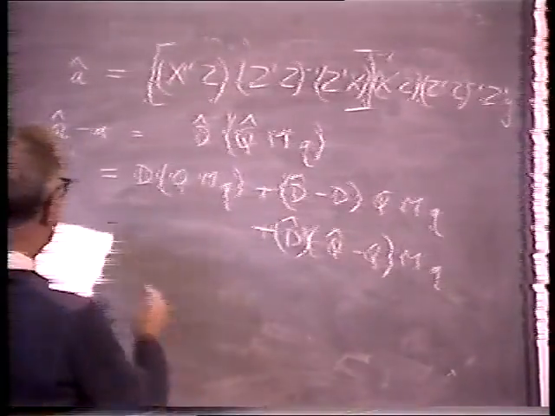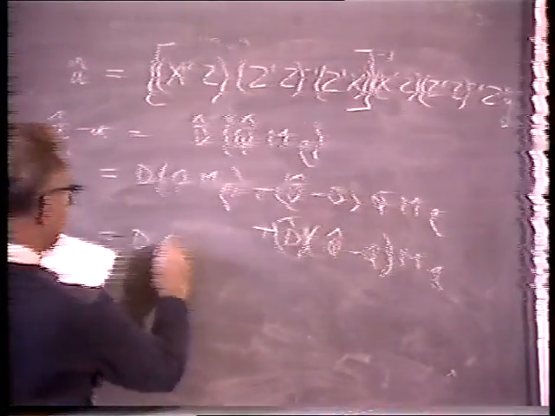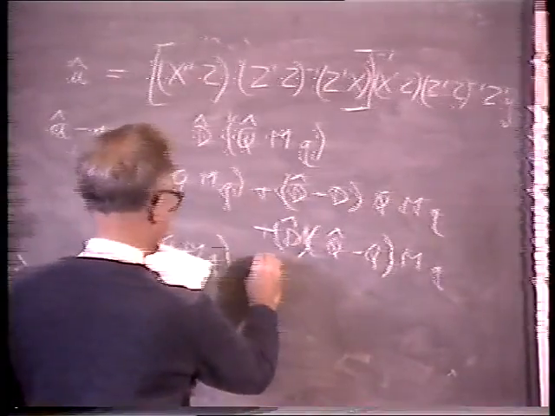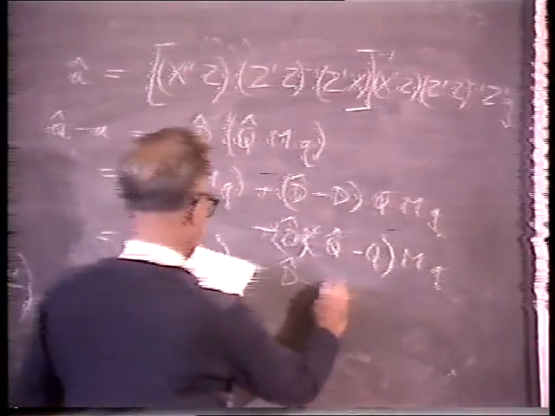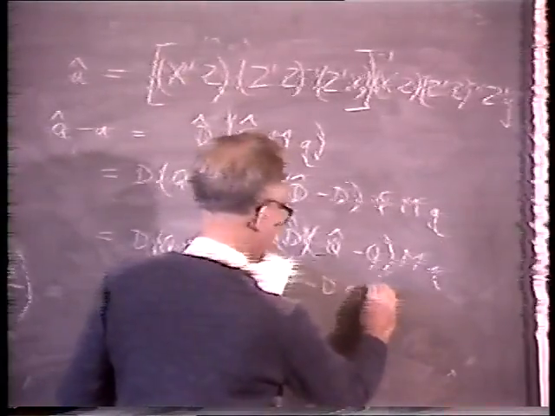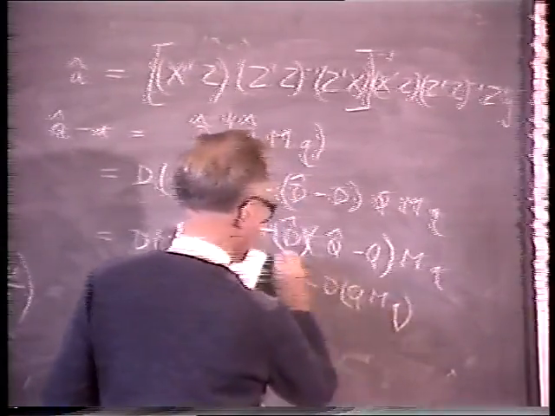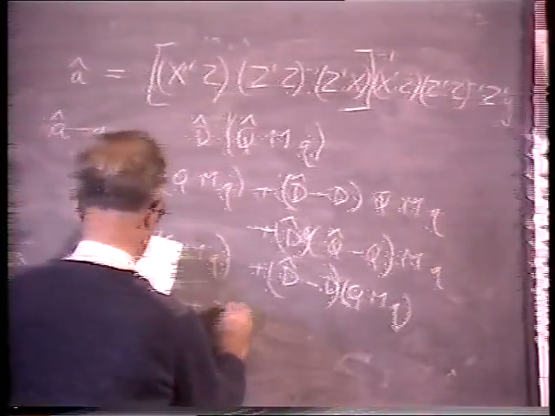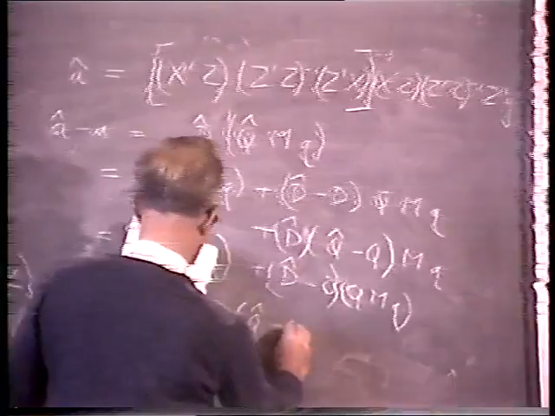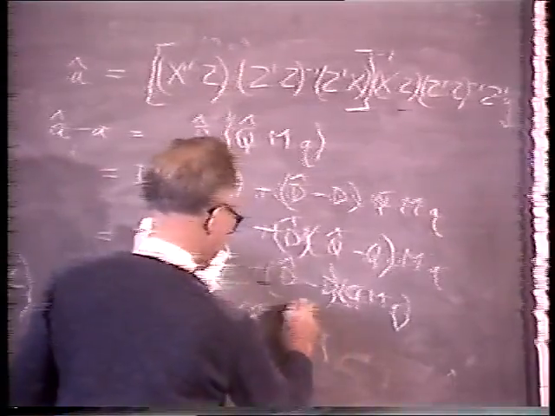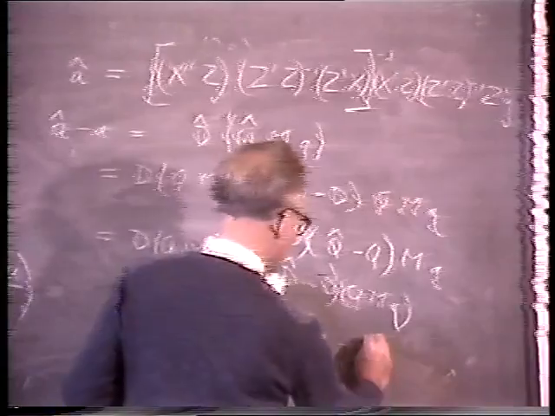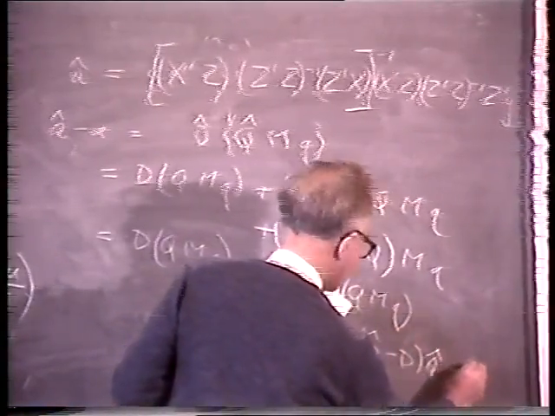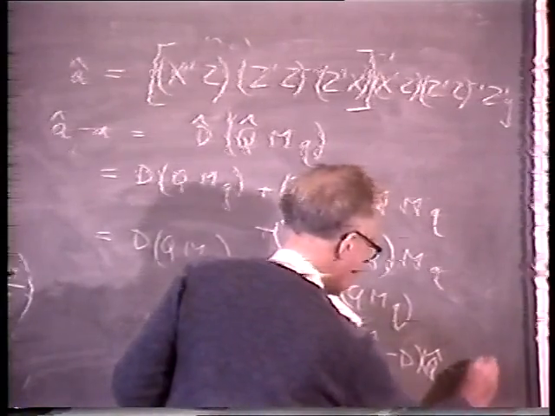So then in the next line we can now do what I did there. First two terms the same, and then plus d into q hat minus q, m q, and plus d hat minus d, q hat minus q, m q.